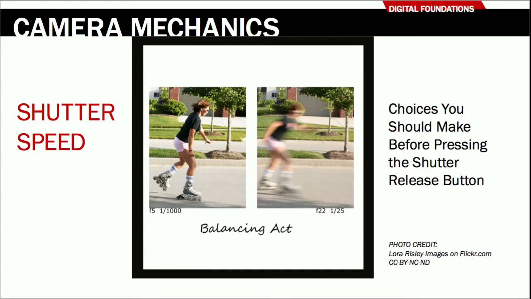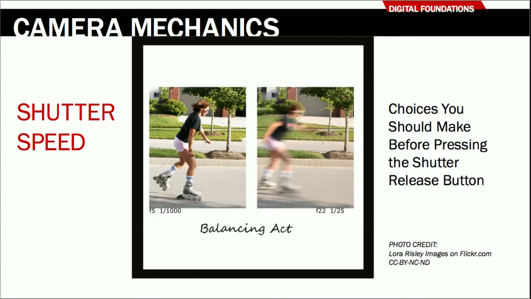So in that left image of the roller blader, I don't know if that's rollerblading or roller skating, I think it's rollerblading, the person is sort of stopped in time. On the right side, we see a shutter speed of 1/25th of a second, which is much slower than 1/1000th of a second. And at 1/25th of a second, we see the movement of the skater.